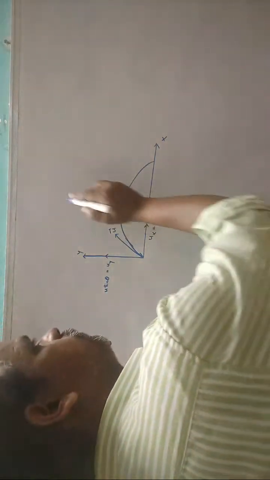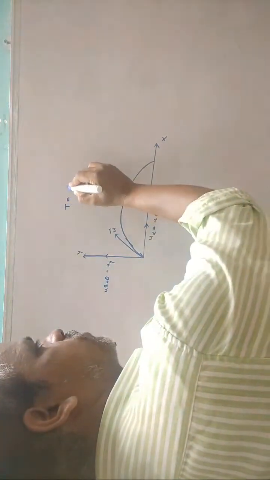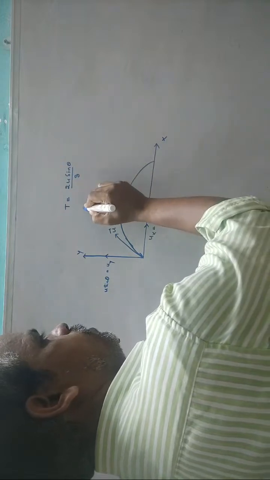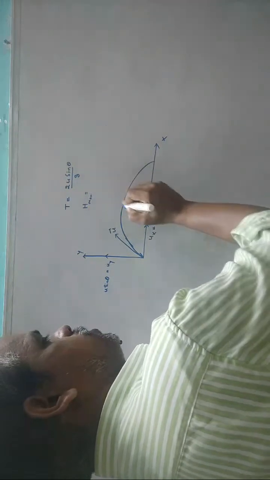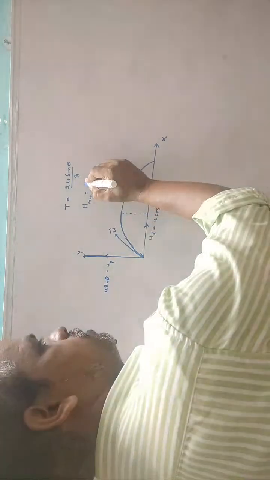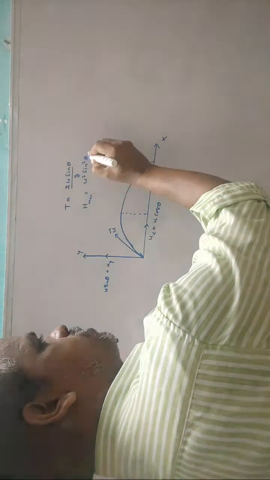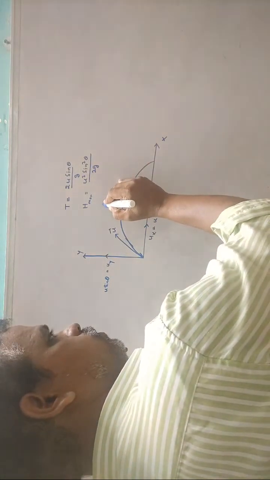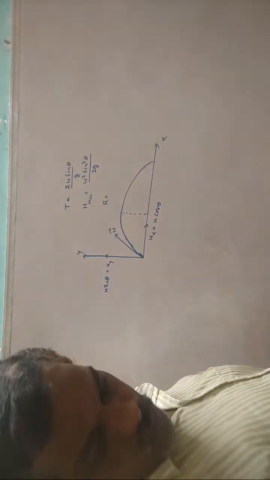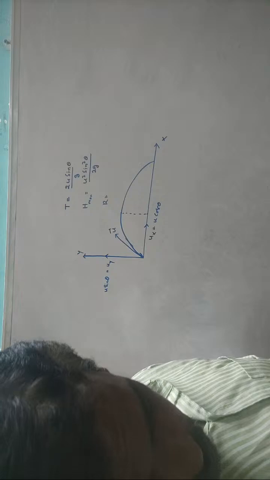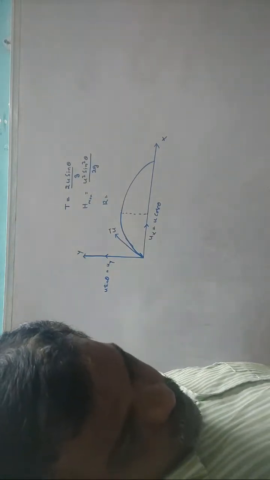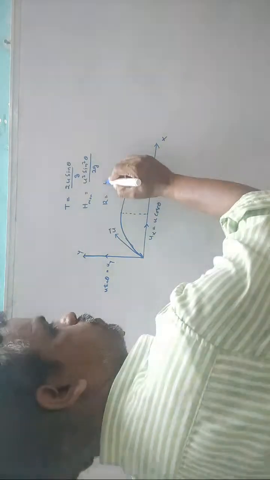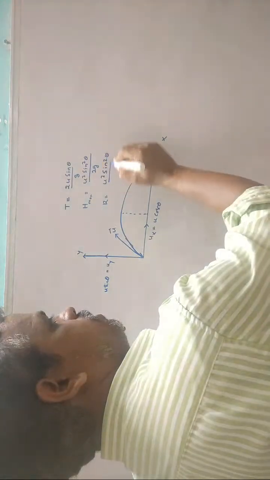By using this, we calculated yesterday the total time of flight, 2u sin theta by g, the maximum height reached by the body, that is u square sin square theta by 2g, and the range equal to u square sine 2 theta by g.